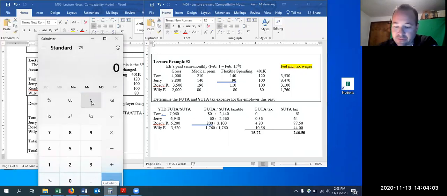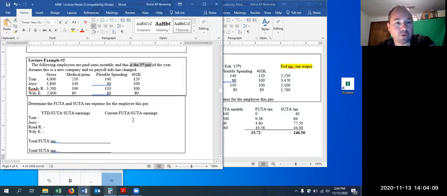I guess I'll have to do the division and see. 61 divided by 2,440. I did 2.5%. Oh, new company. I missed that. So I'm guessing several of you were. Assume this is a new company. So I better bold that and underline it. So remember the new company rate, 2.5%.